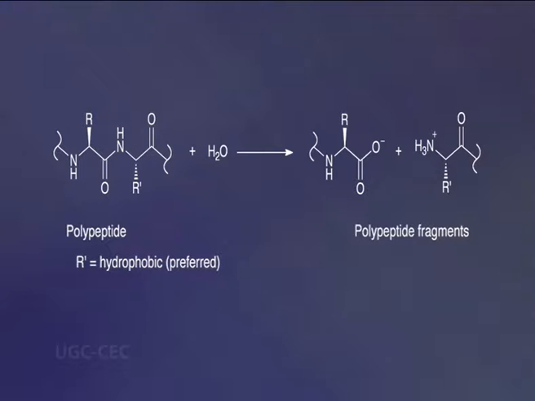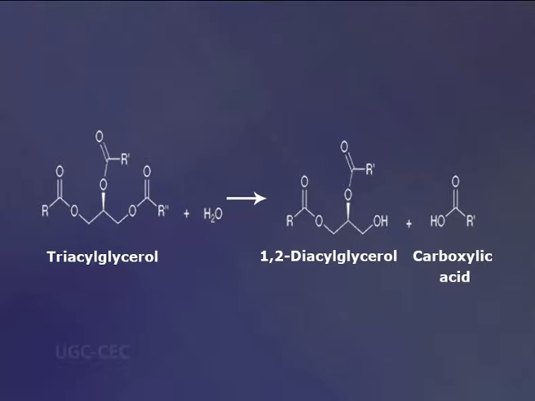Proteases or peptidases cleave peptide bonds between amino acids in order to break down proteins. Lipases break down lipids into fatty acids and glycerol by cleaving ester bonds.